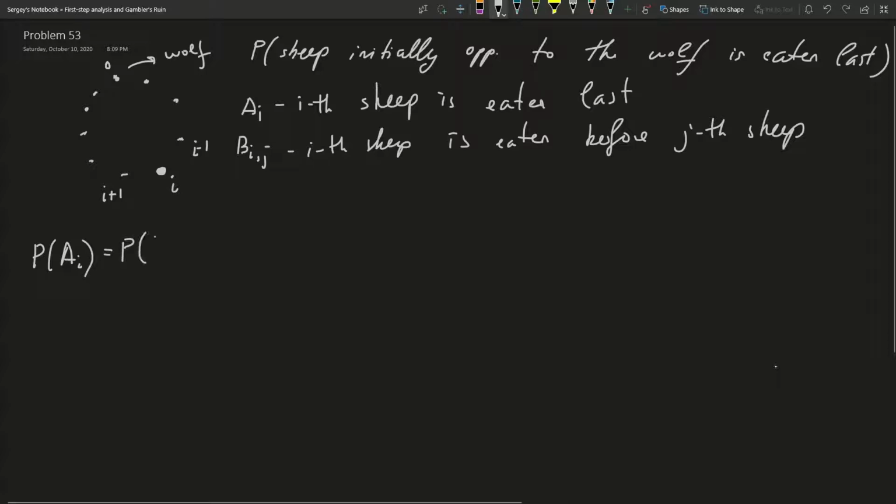The first case is where the I minus first sheep is eaten before the I plus first sheep. And the second case is where the I plus first sheep is eaten before the I minus first sheep.